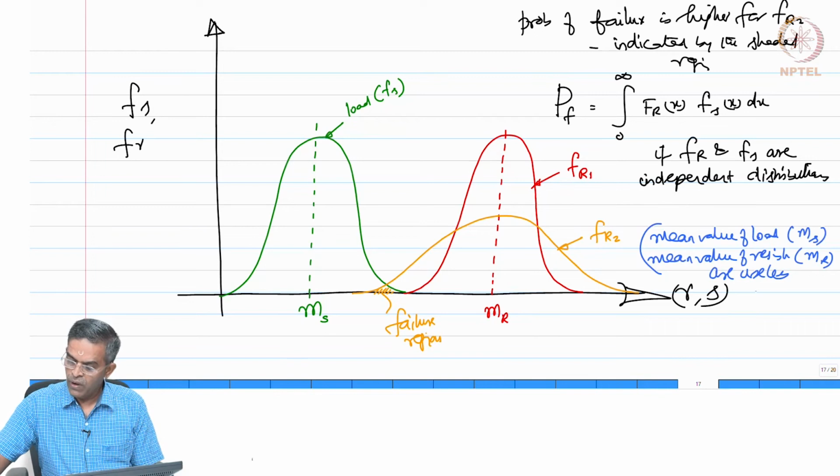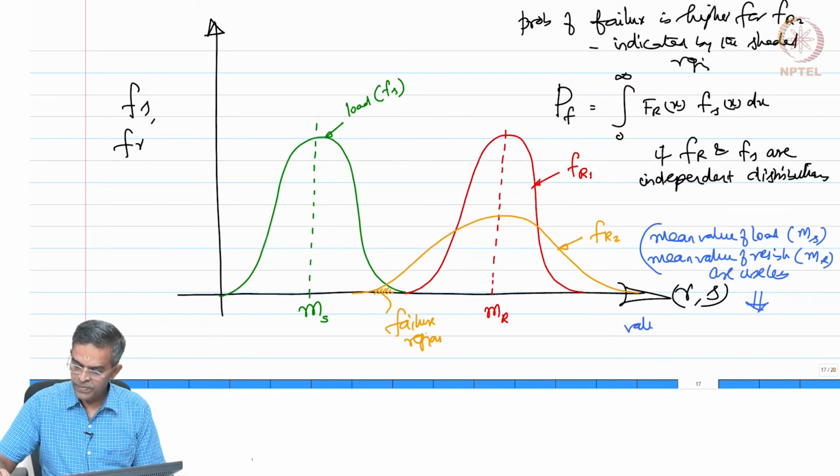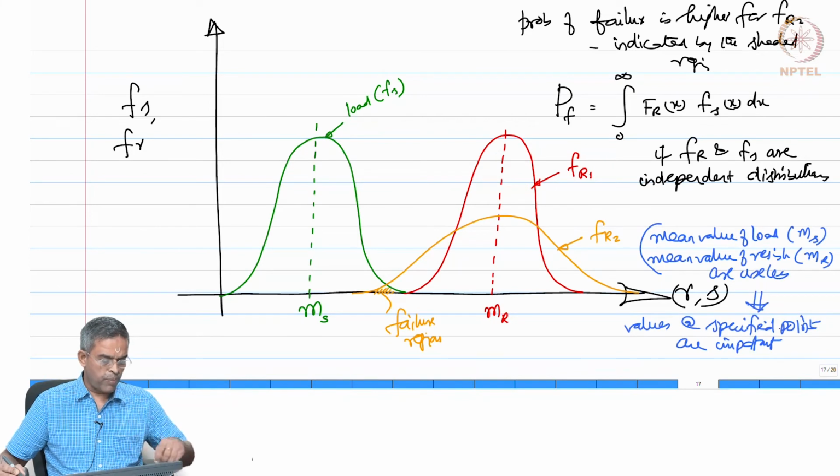Then what should I look for? I want to look for these values at specified points, as they are important. What are those specified points we are looking for?